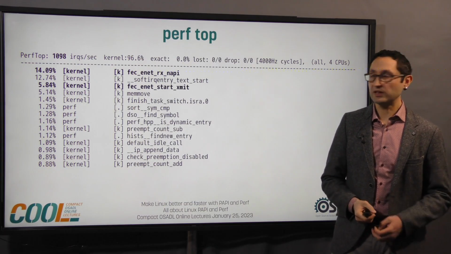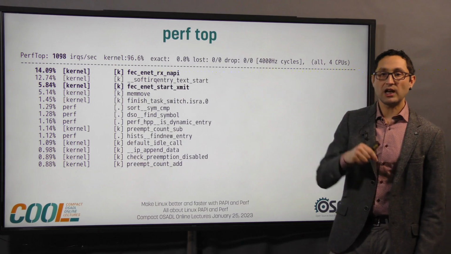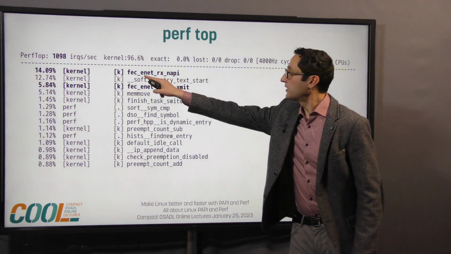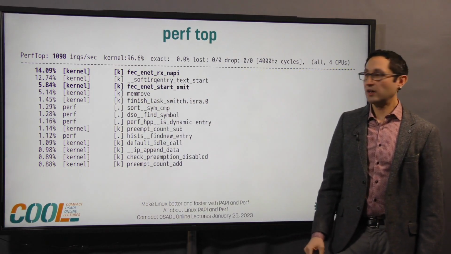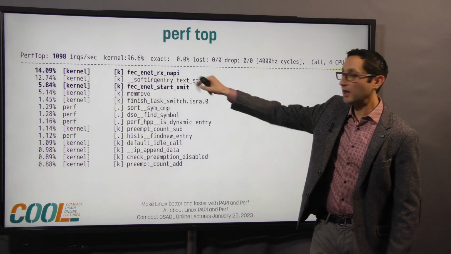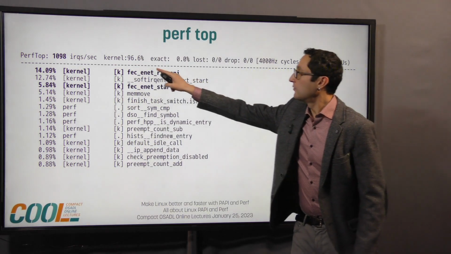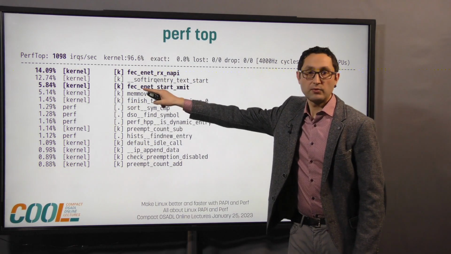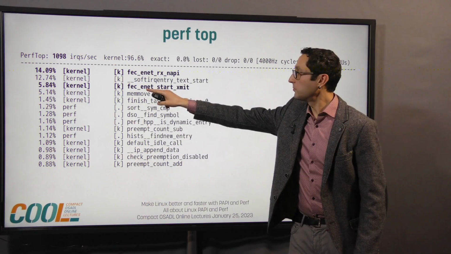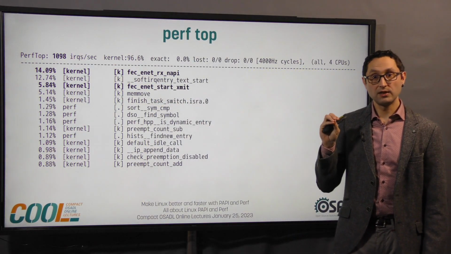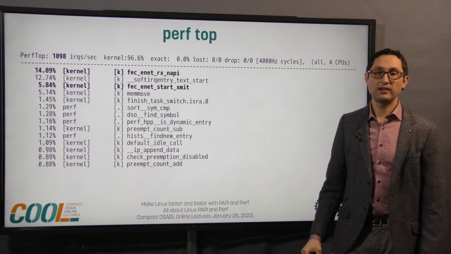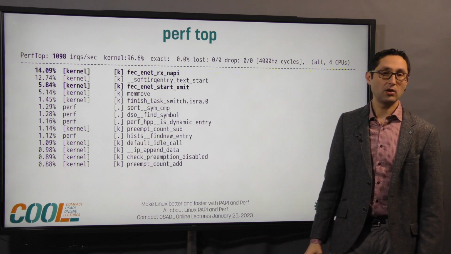So that's what we expected. But we can even see where the time is now being spent. So we can see that the receive function of the Ethernet driver has now significant load. And in addition to receiving packets, we also spend a measurable amount of time in transmitting packets. So we are just responding to the ICMP requests that are now flooding in.